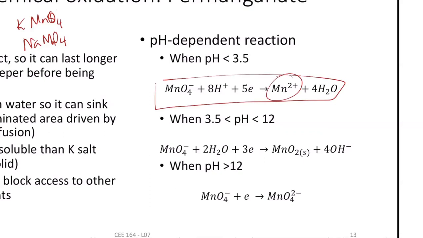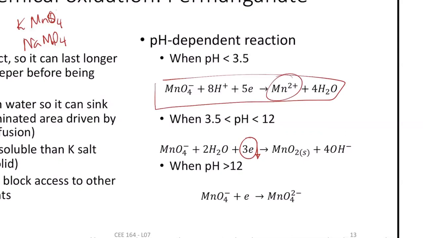The advantage is that it has 5 electrons, so it is very reactive, or more efficient, at low pH. And also the end product is manganese Mn2+, which is not toxic, so that's a good thing. But if your pH is between 3.5 and 12, look what happens. First, the number of electrons goes down, so it's not as efficient.